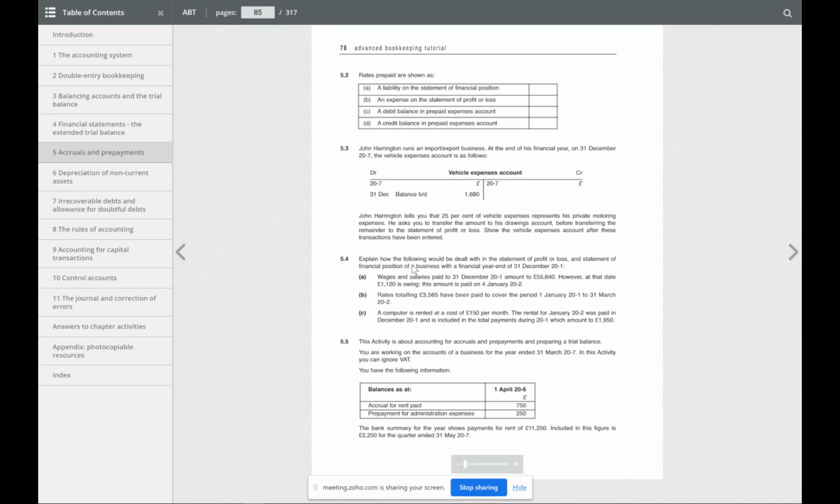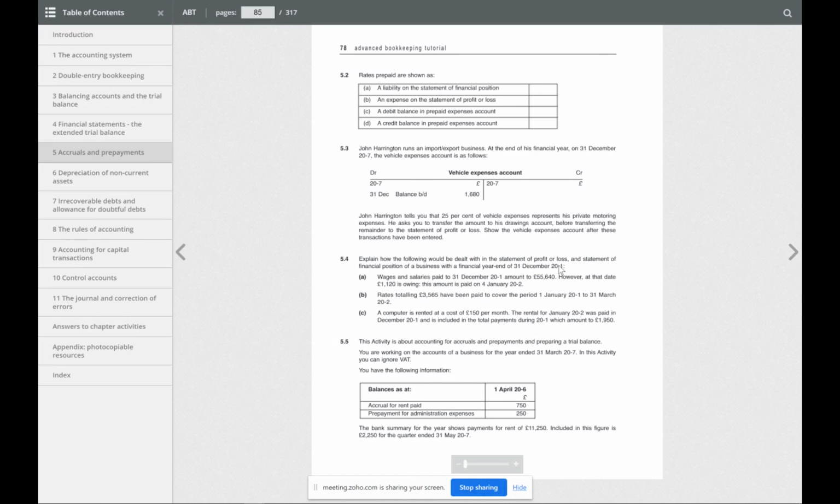Let's see the question again. Explain how the following would be dealt with in the statement of profit or loss and statement of financial position of a business with a financial year ending 2011. So we have to find out the figure for 31st December 2011.